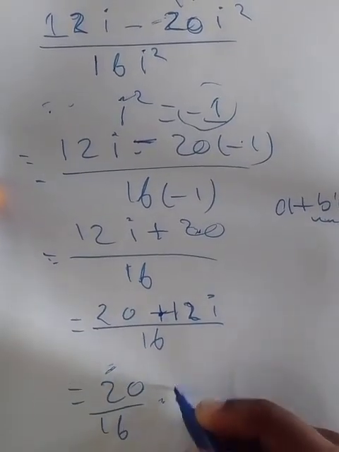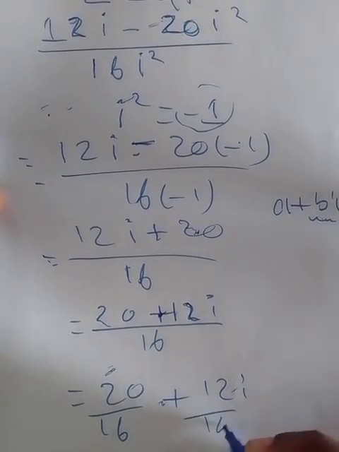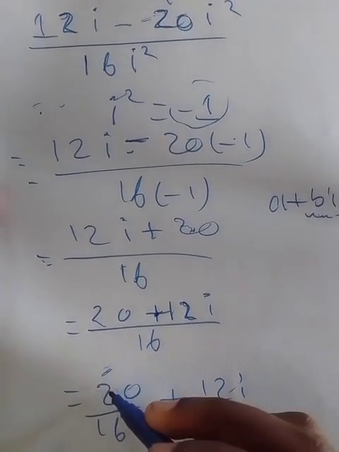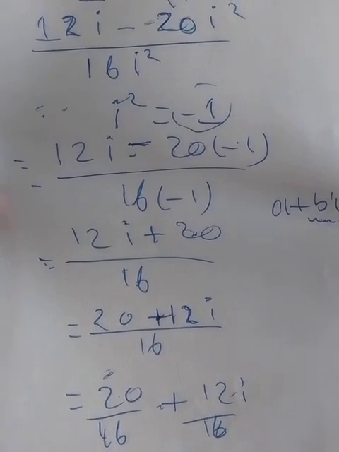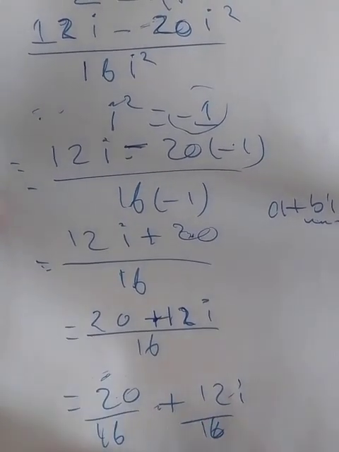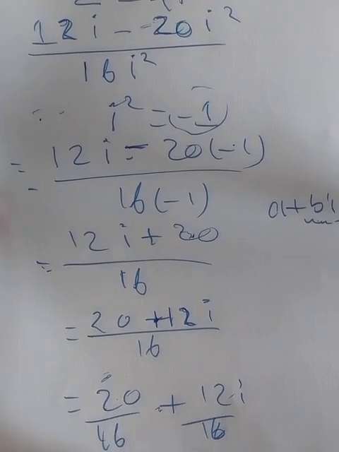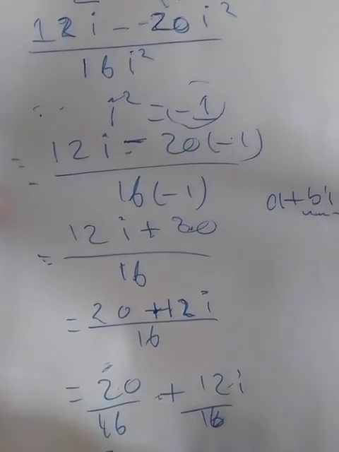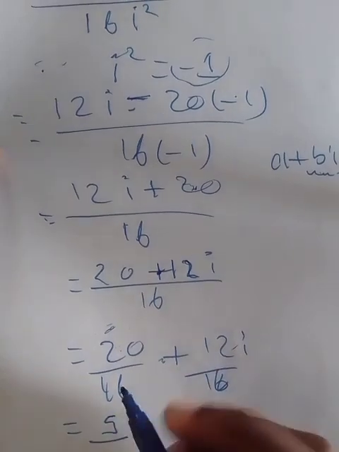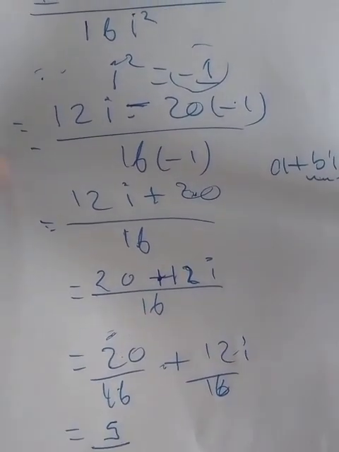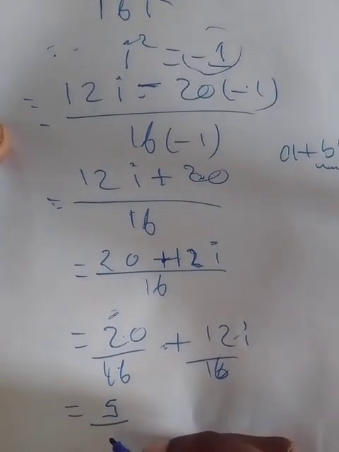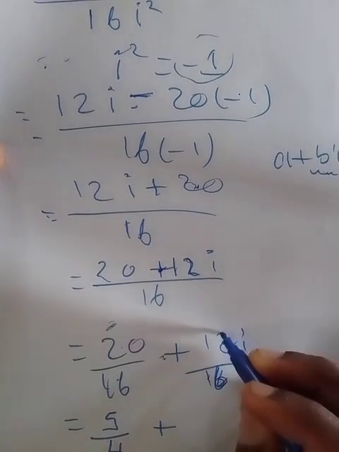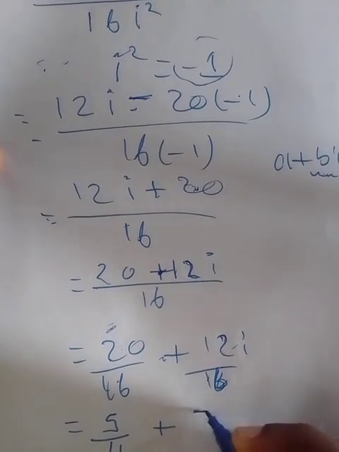Okay, so now you know that these two have got a common factor, right? 4 can enter in both. 4 in 20 goes there 5 times, so you're going to write 5 there on the numerator. 4 into 16 goes there 4 times, plus again these two have got something in common, which is a 4, right? 4 goes 3 times into that, and 4 goes 4 times into 16i there.